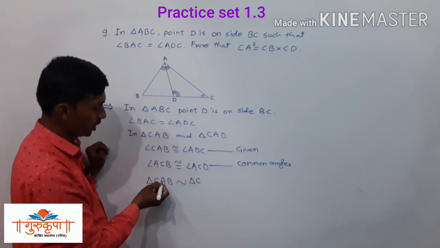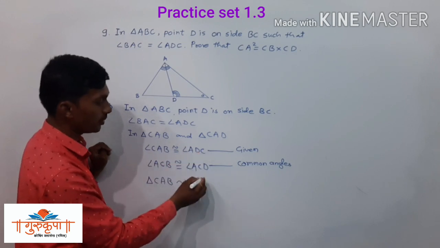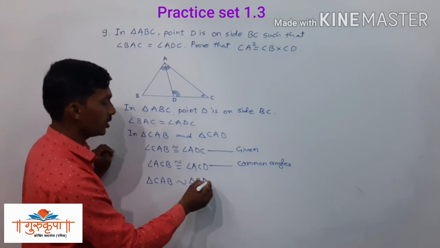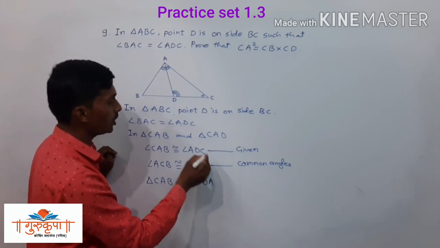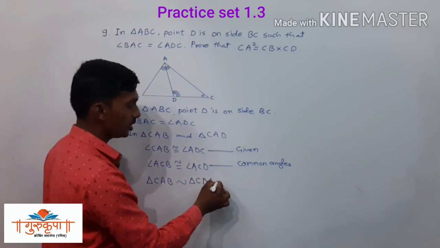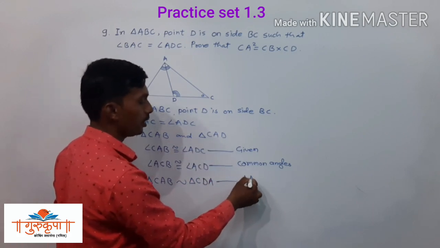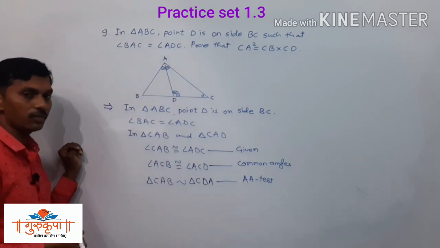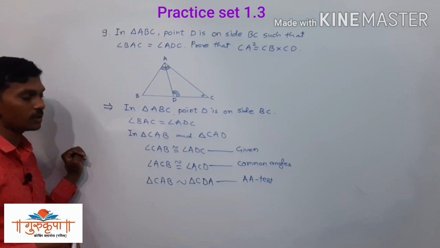The corresponding vertex of A is D, and now the remaining third vertex is A. Name of the triangle is CAD. Here the reason is AA test of similarity. Both the triangles are similar to each other by AA test of similarity.